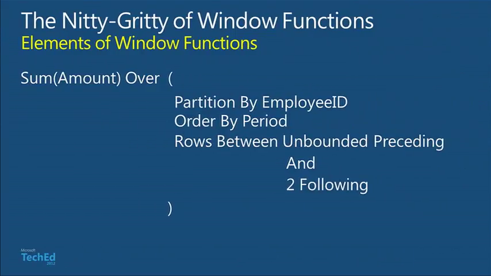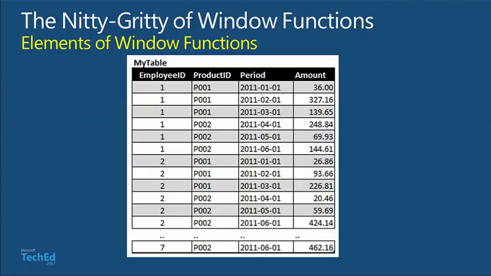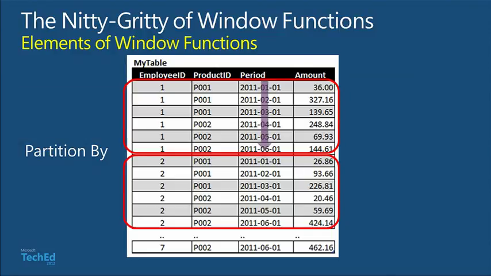So let's look at a typical example here. That's the PARTITION BY, ORDER BY, and ROWS UNBOUNDED PRECEDING AND 2 FOLLOWING. I will give some visualization that looks like this. With PARTITION BY, as you can see, the employee IDs are partitioned together, and ORDER BY is on the period column. For each row, it will have a frame.